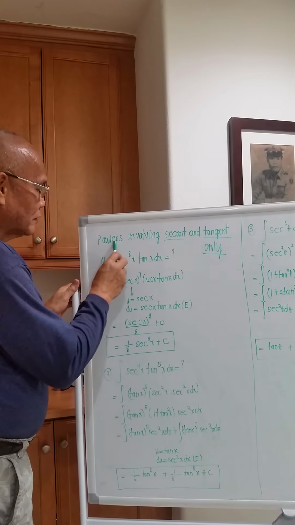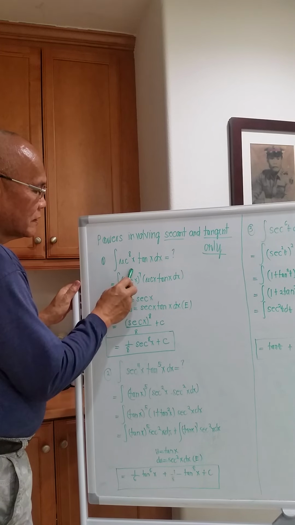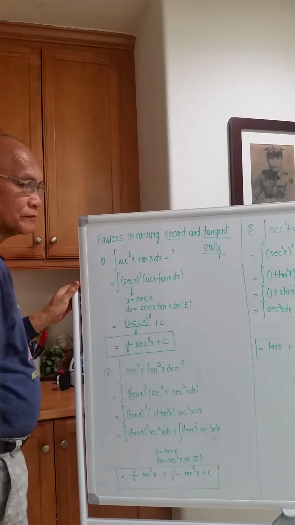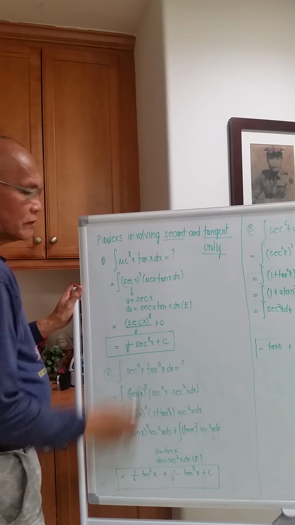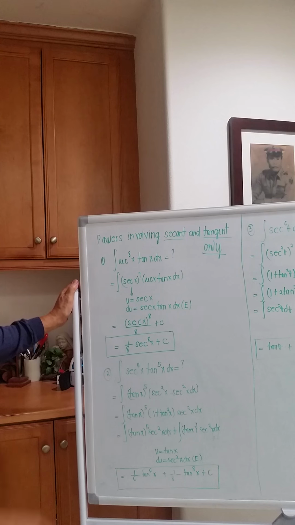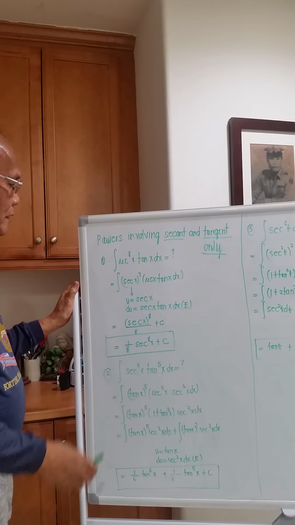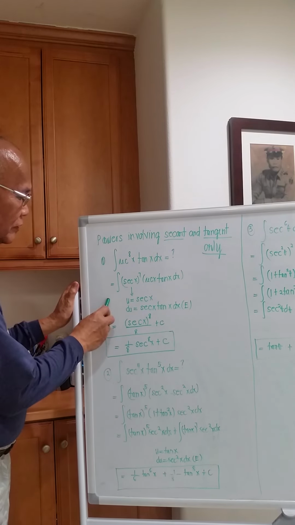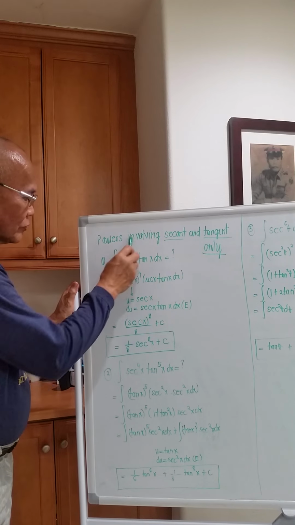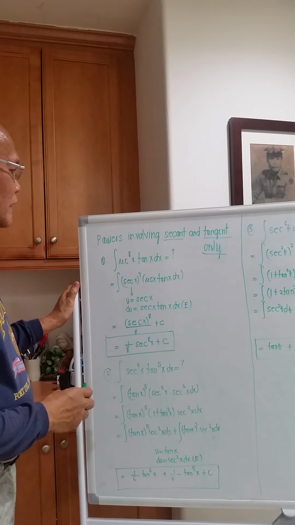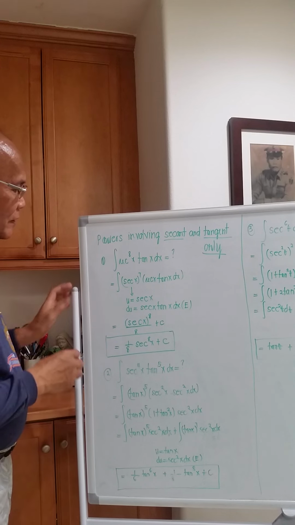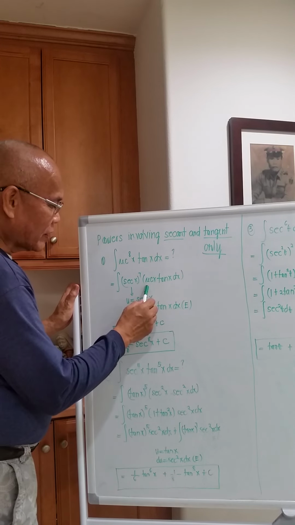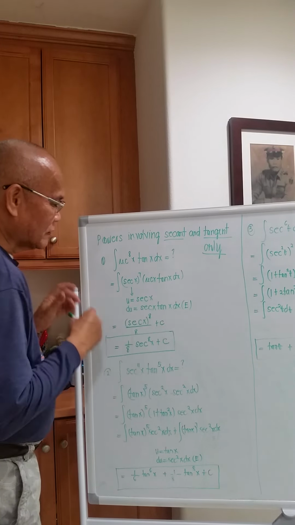Example number 1, the integral of secant to the 8 of x, tangent of x dx. It involves powers of secant and tangent. Let's proceed with the solution. This can be written as the integral of secant of x to the 7 times the quantity secant of x tangent of x.